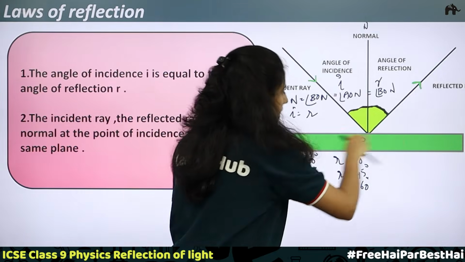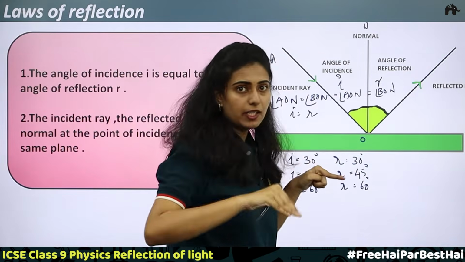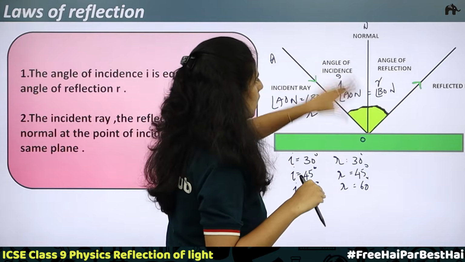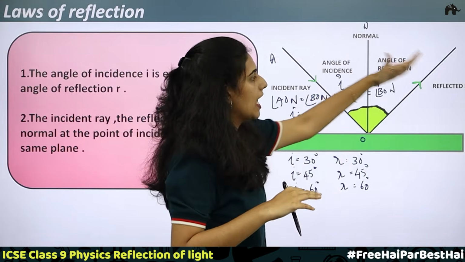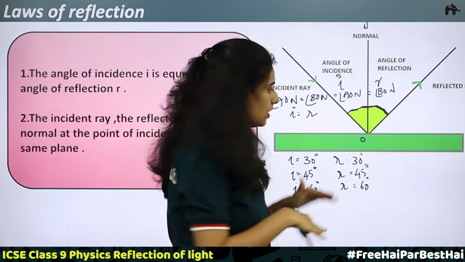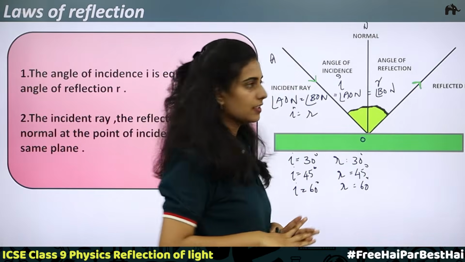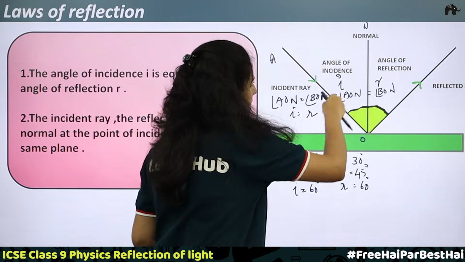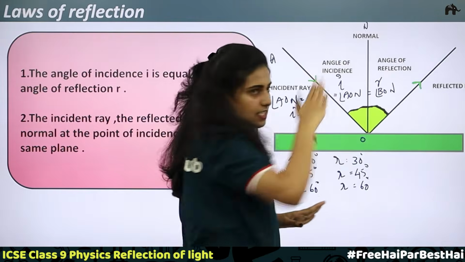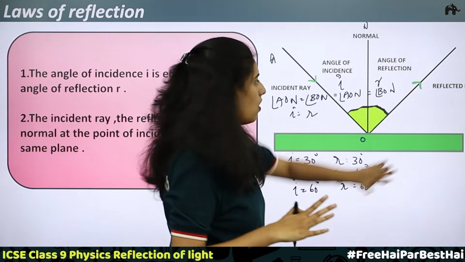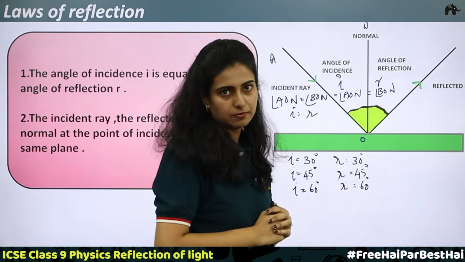This mirror will always be perpendicular to the plane on which the incident ray, normal and reflected ray lie. And you can see that the incident ray, normal and reflected ray at the point of incidence are all on the same plane.